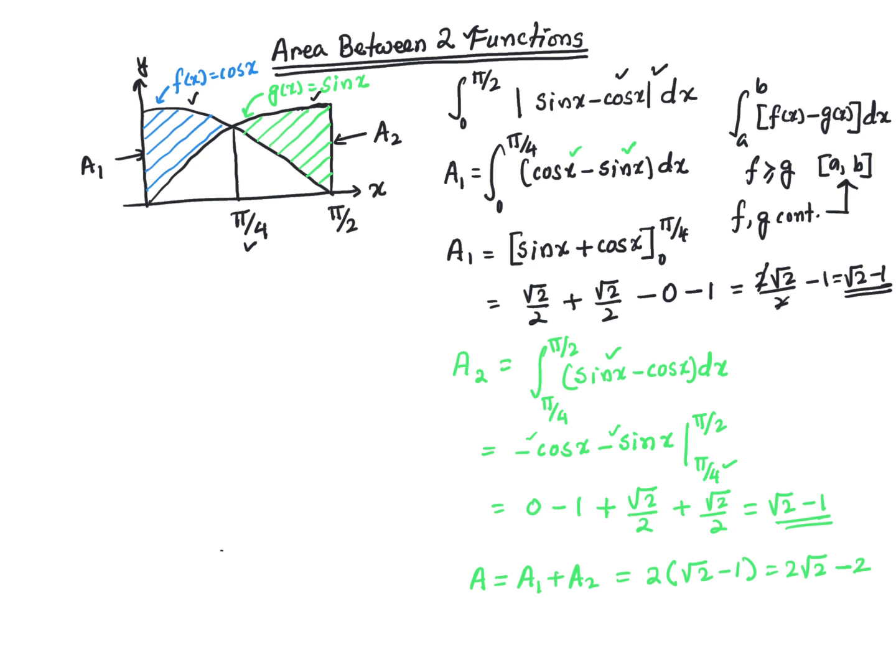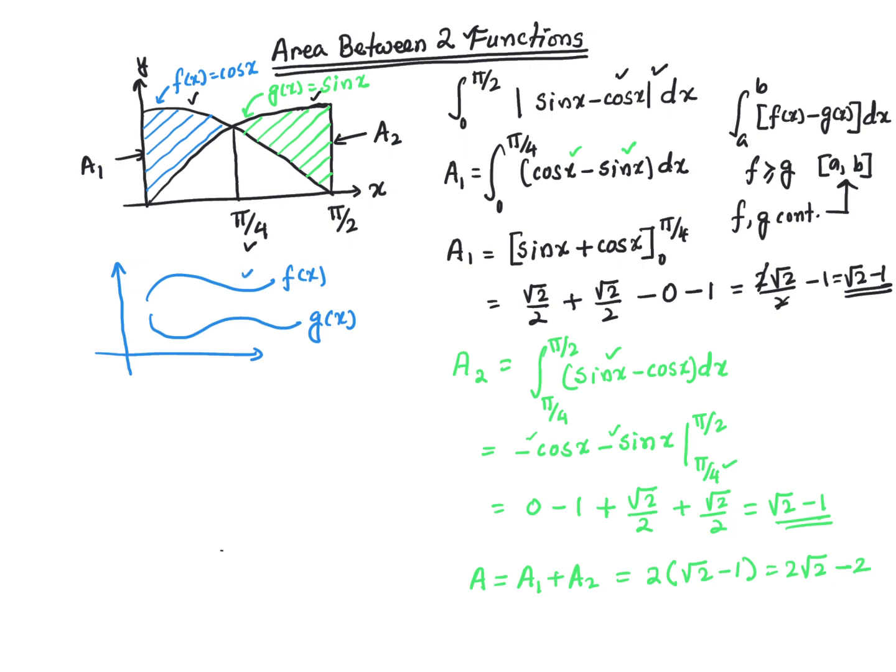So when you have functions where, on the interval over which you are trying to find the difference between the functions, they switch, that means they are not exactly like this. Our assumption that our integration would work is that f is always greater than g, right? But if that is not the case, then you have to break it down into pieces.